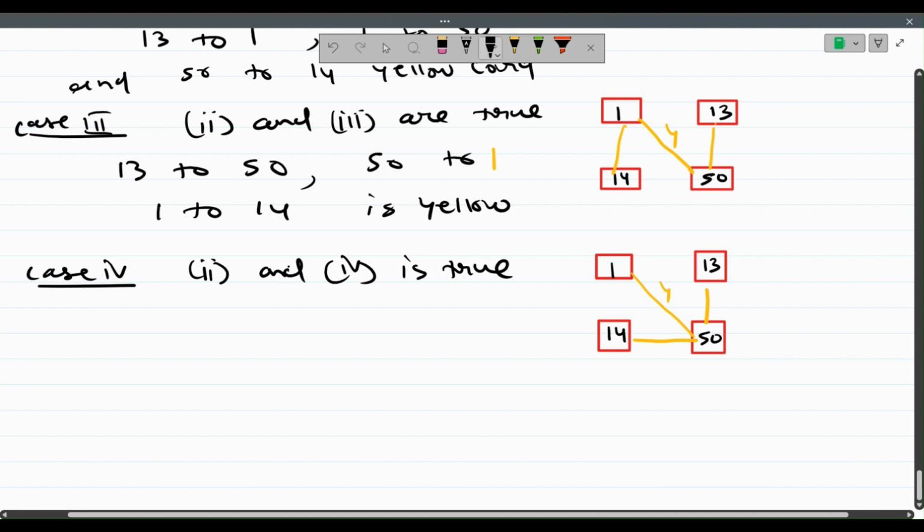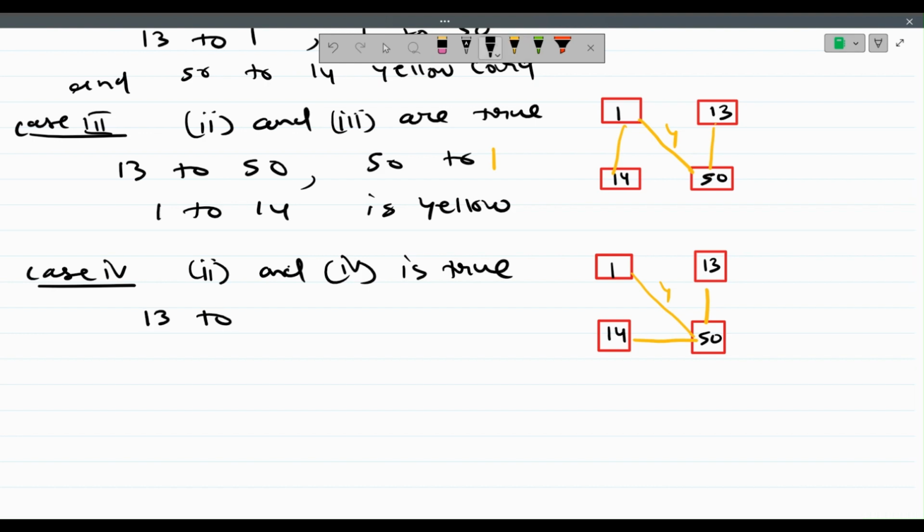So we can see in this case also, 13 to 50 and then 50 to 14. So there is a route which uses only yellow cord.